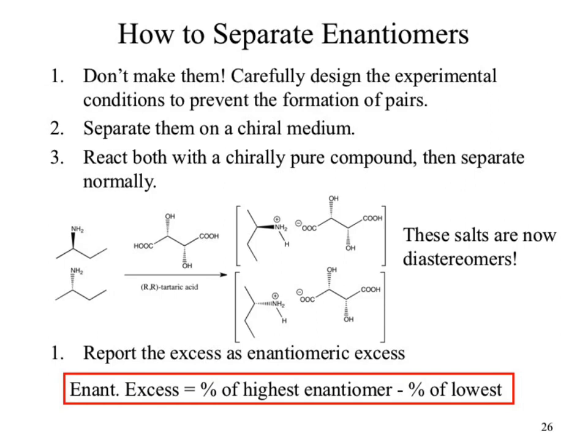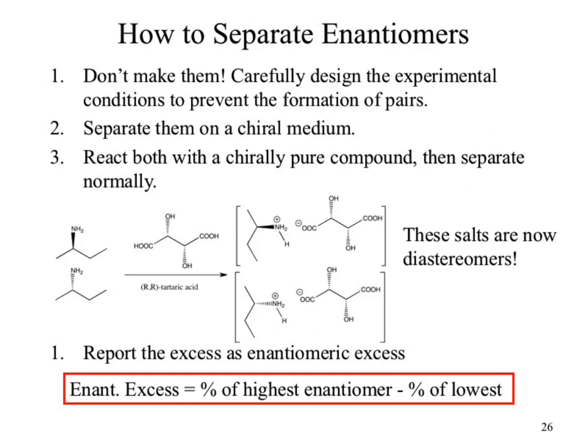Okay? If I made both of them in equal amounts, what would my enantiomeric excess be? 0%. I did not favor one over the other. If I made only the R and none of the S, my enantiomeric excess is 100%. Okay? So it's just looking at manipulating those percentages and trying to define it.